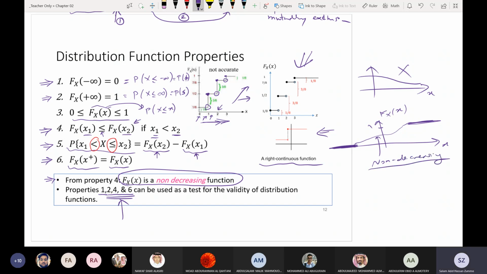Imagine, all these four properties can be checked using this graph. So any function that comes to you with a different behavior from this, know that this is not a valid F_X. And the last thing, property number 6, sorry, it has to be connected from the right, so it has to satisfy the right continuous property. So this is a valid CDF. This is not a valid CDF.